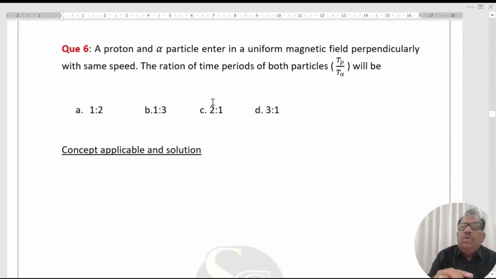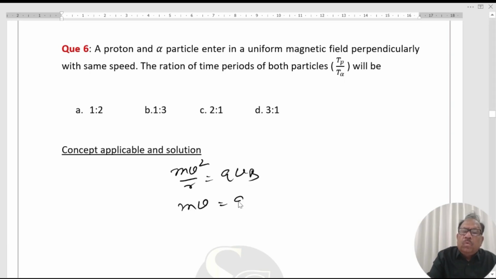a proton and an alpha particle enter a uniform magnetic field perpendicular to it with the same speed. As discussed above, mv square by r equal to qvb, so mv equal to qbr, right? In this case, the particles are changed. The charged particles are different. Using this, the speed is same.